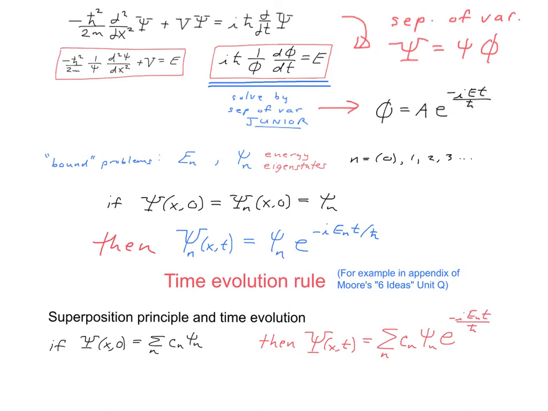In short, if we can write our initial state function as some superposition of the energy eigenstates, then we can immediately, using the superposition and the time evolution principle, write down the state function at time t. So this combination is very powerful.